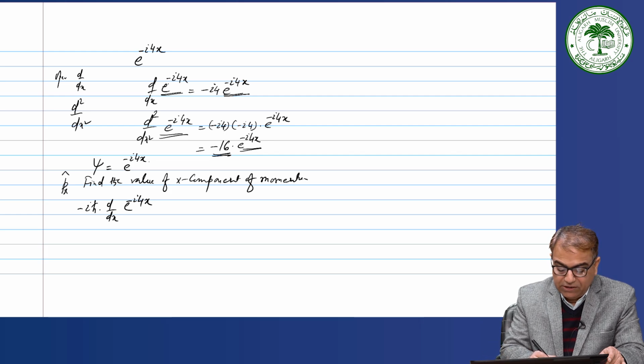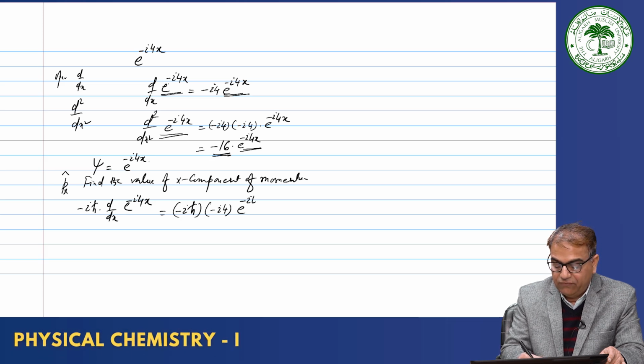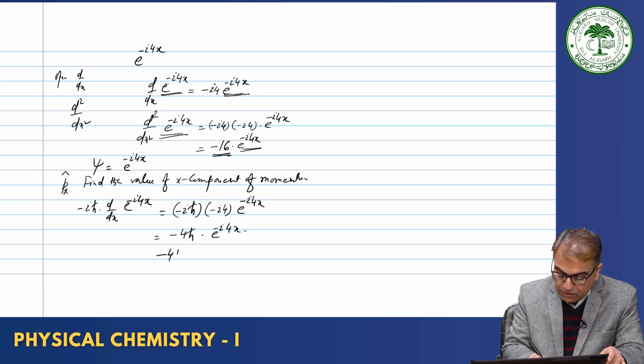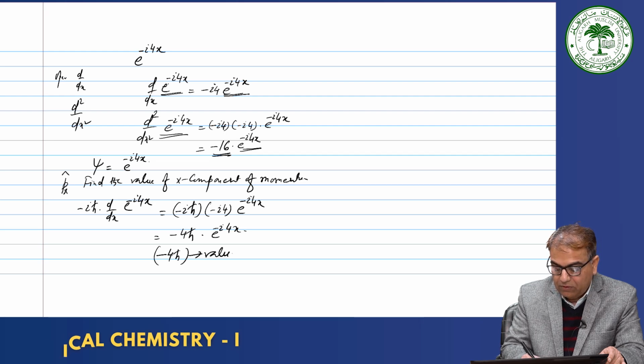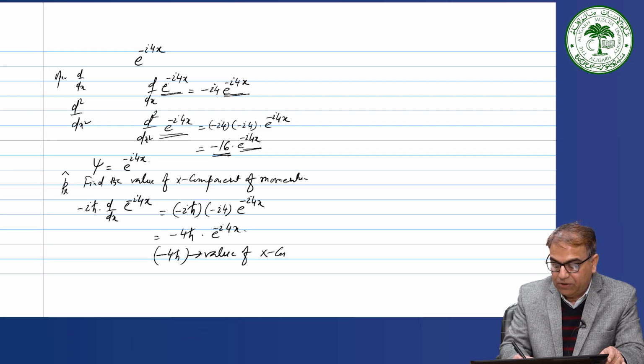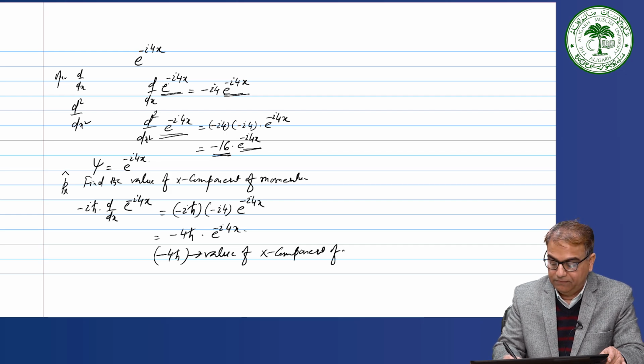One time differentiation you will do, and what you will get? Minus i h cross, then minus i 4 and exponential minus i 4x. So, it will be minus 4 h cross exponential minus i 4x. Okay. So, minus 4 h cross is the value of the x component of momentum.